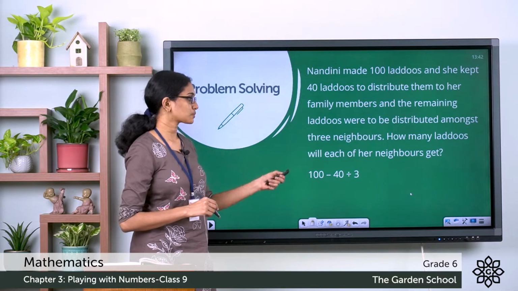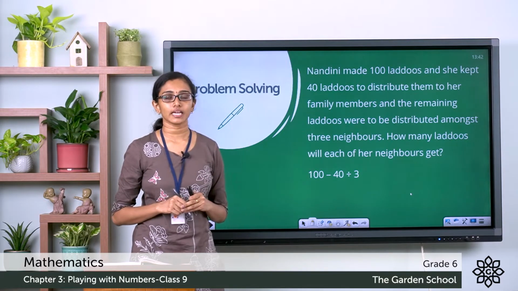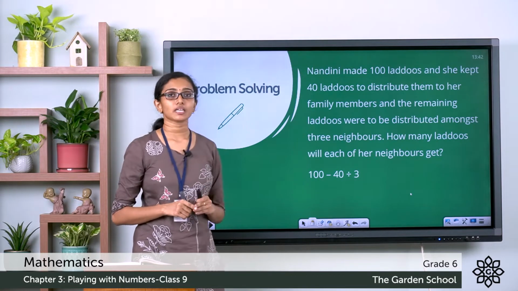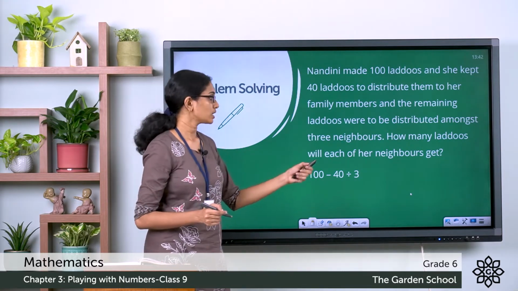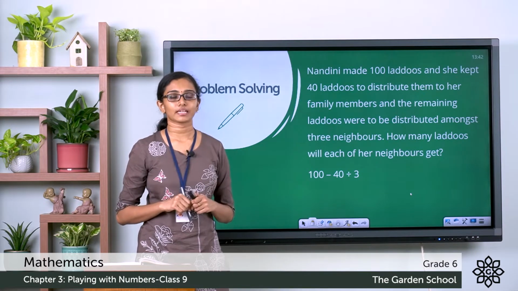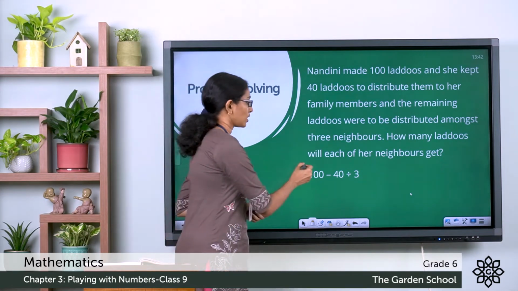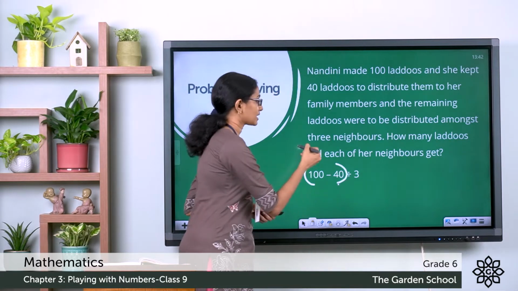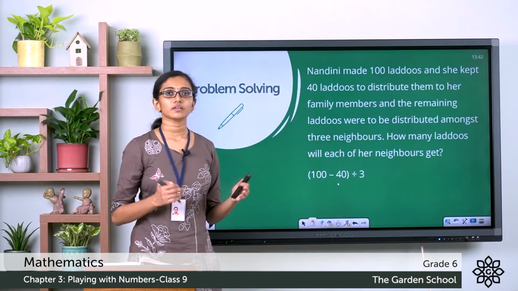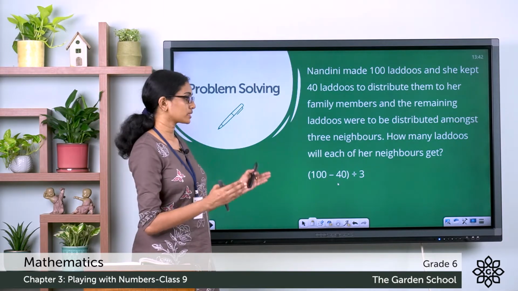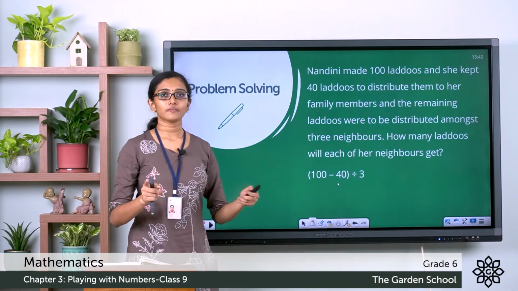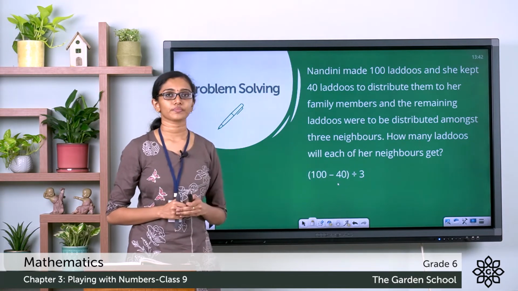Now how do we express that in a mathematical statement? How do we express that the subtraction part has to be done before the division part here? There we make use of simple brackets. So how do we use simple brackets here? Like this. When you insert the 100 minus 40 part, the subtraction part, within simple brackets, it means this part has to be done first before the division.